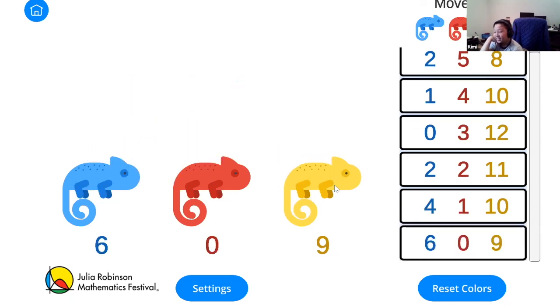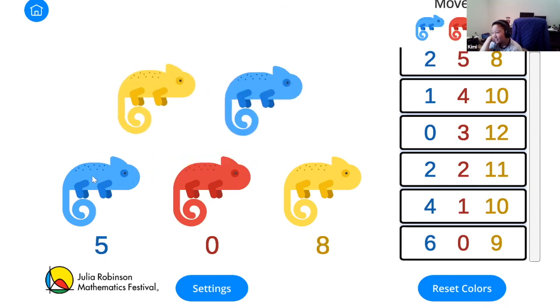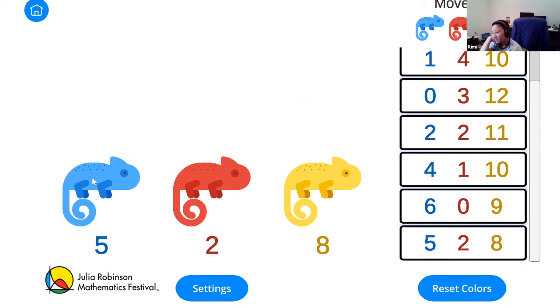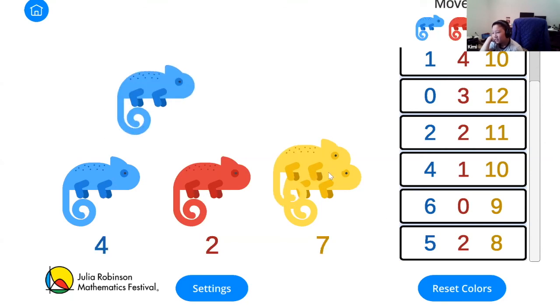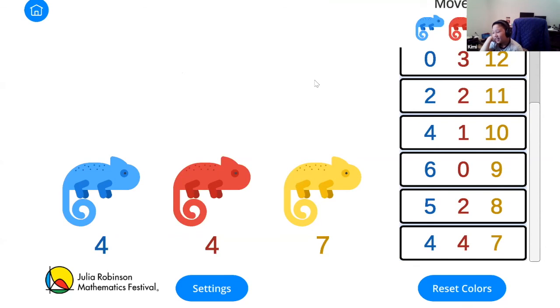And then yellow and red. Yellow and blue. Yellow and blue. And I think yellow and blue.